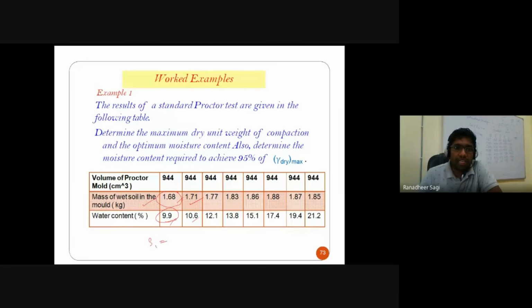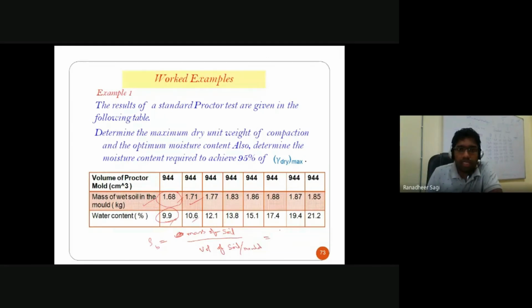So how do we calculate this bulk density? Bulk density is nothing but mass of soil divided by the volume of soil compacted in the mold, or I can say the volume of your mold.